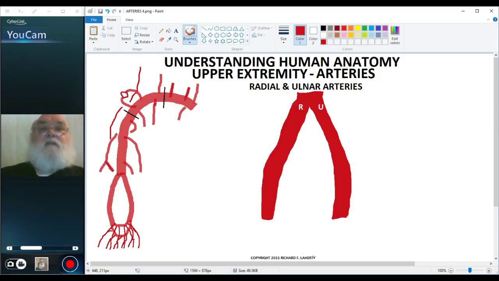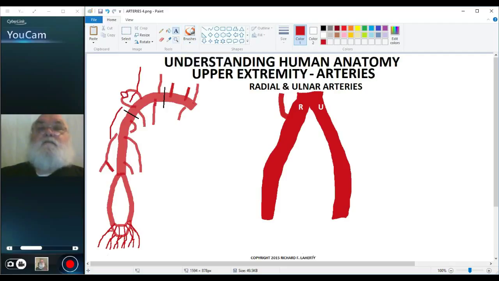And the radial artery has one principal branch near its proximal end. Now when I say one principal branch, I'm not talking about the many muscular branches, but one principal branch that is named.